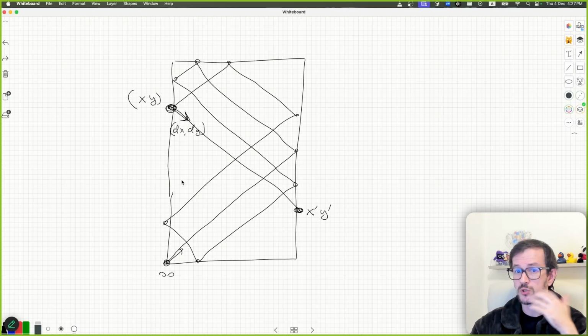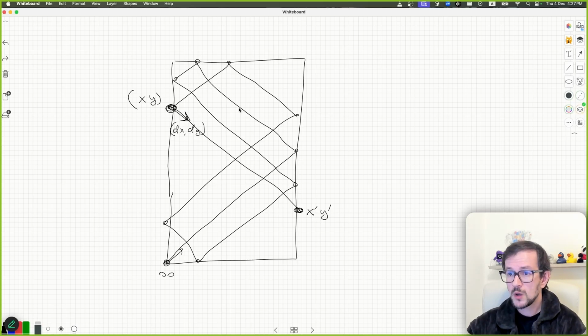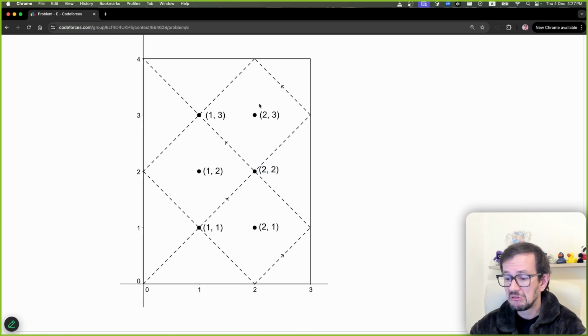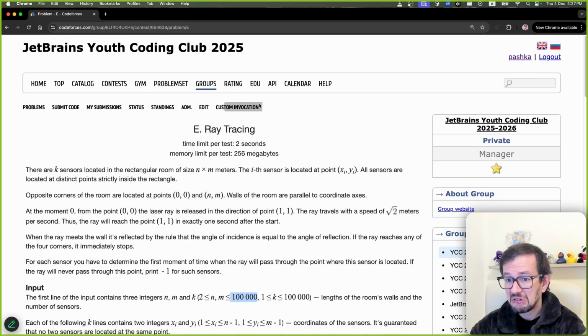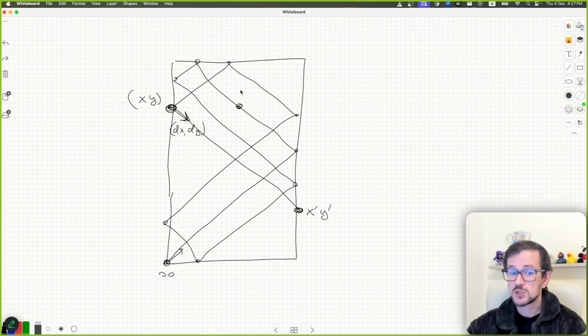Now let's try to solve the problem. What do we have? Sensors. Okay, so we have some sensors. For each sensor, we need to find the first time we reach it. No, let's just do it like this.